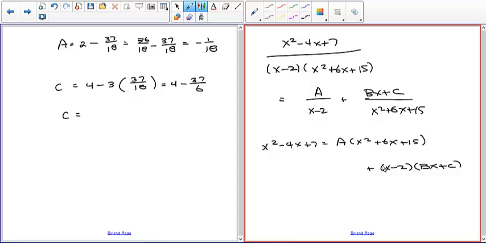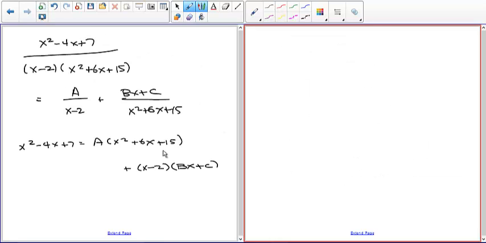You'll multiply these terms out, group the terms that involve x squared, group the terms that involve x, and group the terms that involve the constants and match them up with the coefficients on either side. So I'm going to let you do that one.